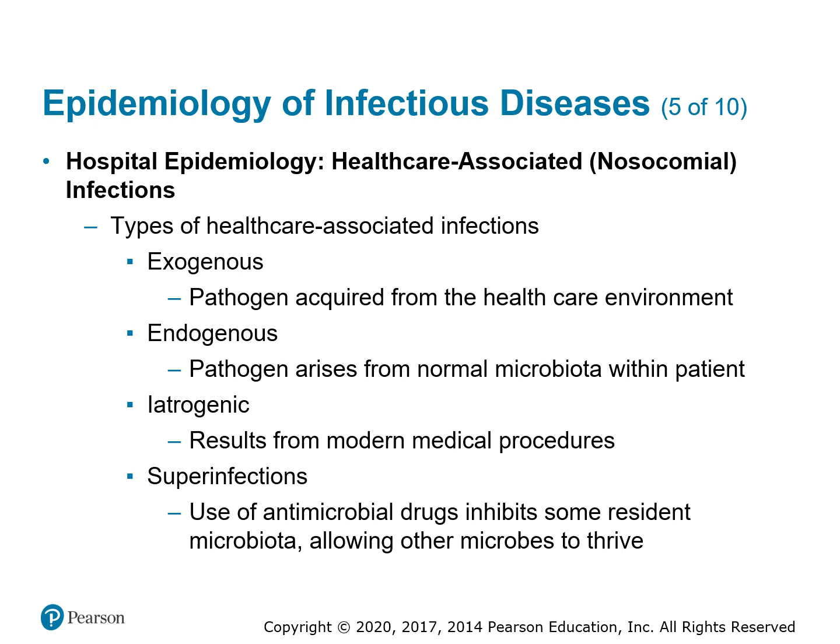Endogenous means the pathogen arose from the normal microbiota within the patient. So you had some type of a mutation occur. Iatrogenic means it results from a modern medical procedure, and superinfections, which is the use of antimicrobial drugs that inhibit some resident microbiota, allowing other microbes to thrive.